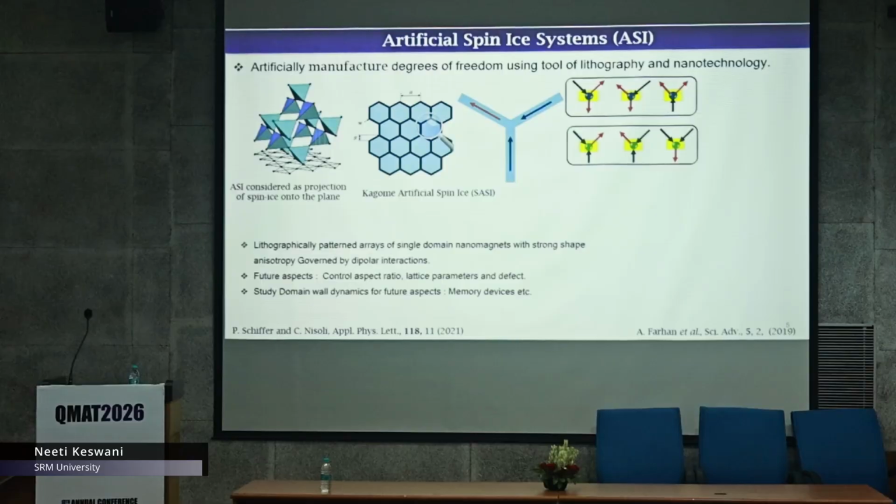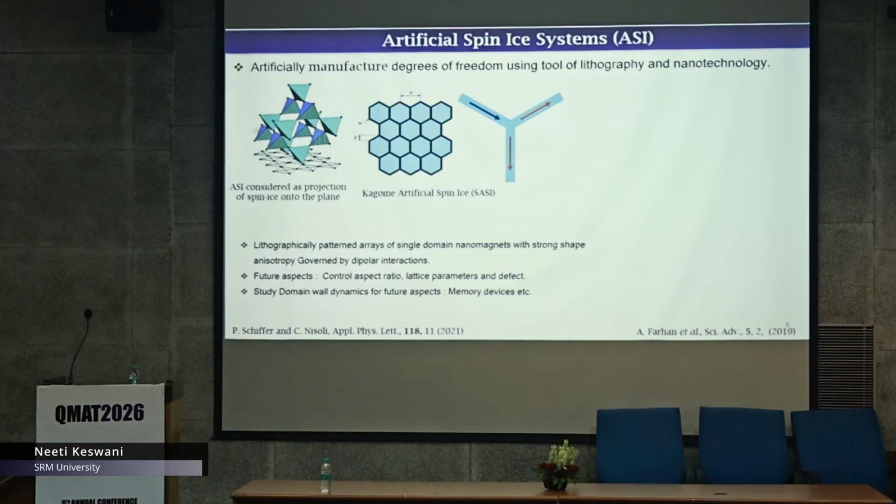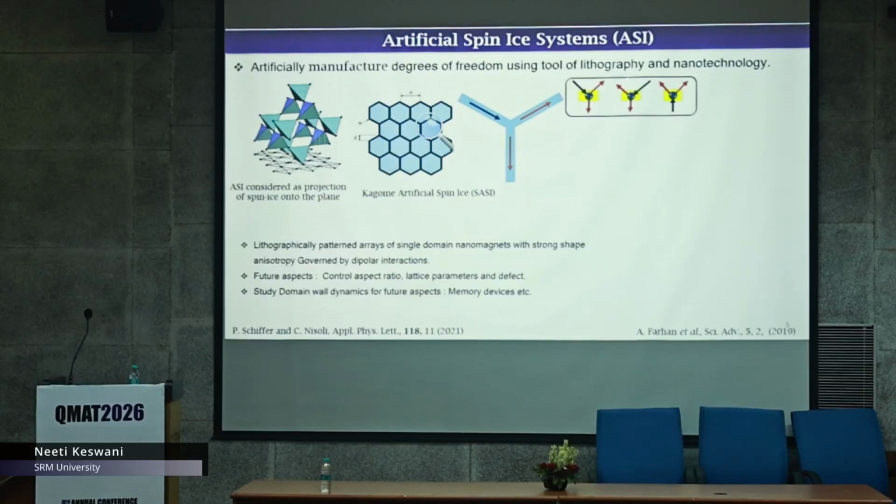Zooming out, we have considered the lattice arrangement, and this is one of the building blocks, which is the Y-shaped vertex, and it's clearly seen that the spins keep on fluctuating. This is a frustrated system, and the energy is not going to minimize. If we consider the number of degenerate states in this system, the first one I have considered is 2 out 1 in, then again 2 out 1 in, and 1 in 2 out.